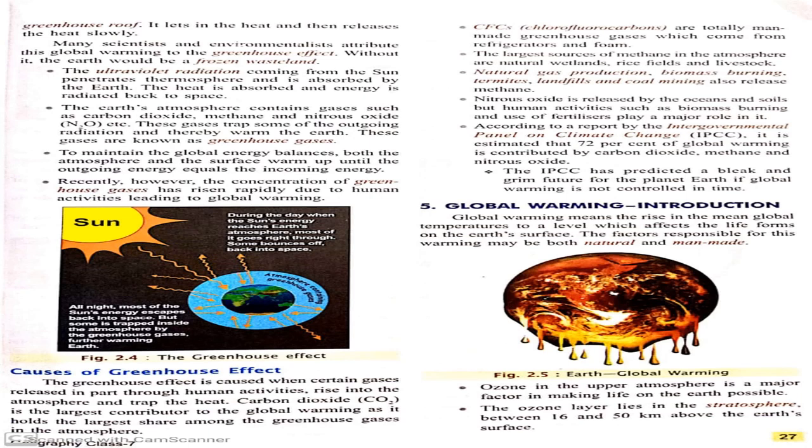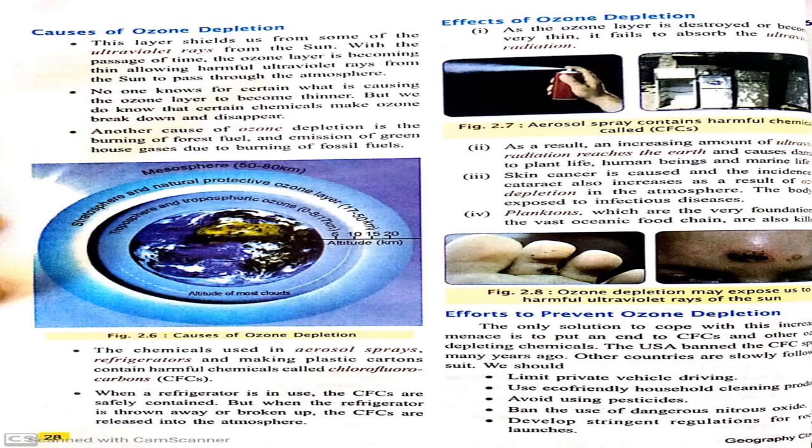So because of these three gases, 72% of global warming is contributed by carbon dioxide, methane, and nitrous oxide. And for this global warming, human activities can be responsible. Now, moving towards our next topic, that is global warming.